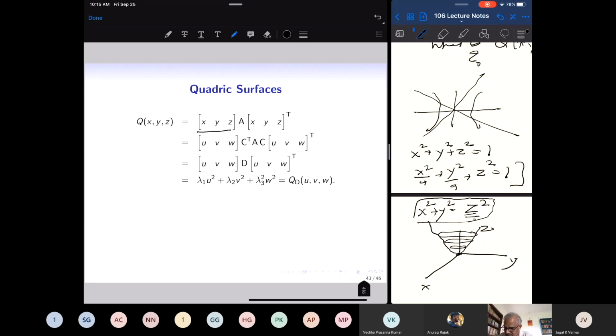So I have not changed A here. I have written xyz equal to c times uvw. So then I get this equation, xyz is c times uvw, and this is the transpose.